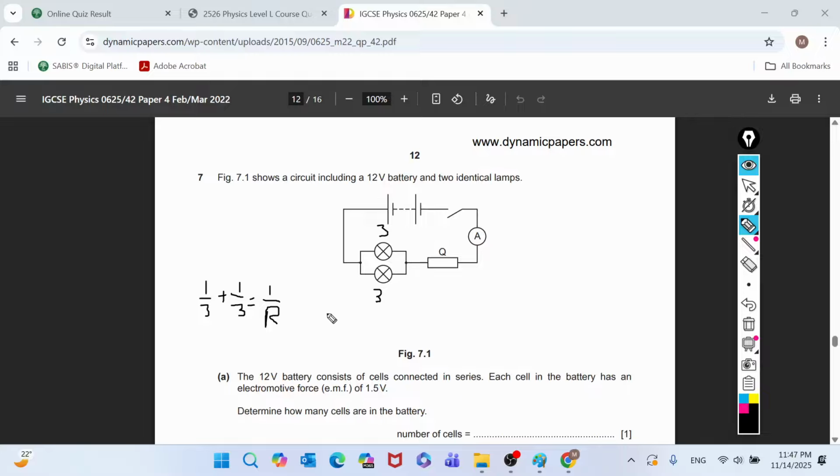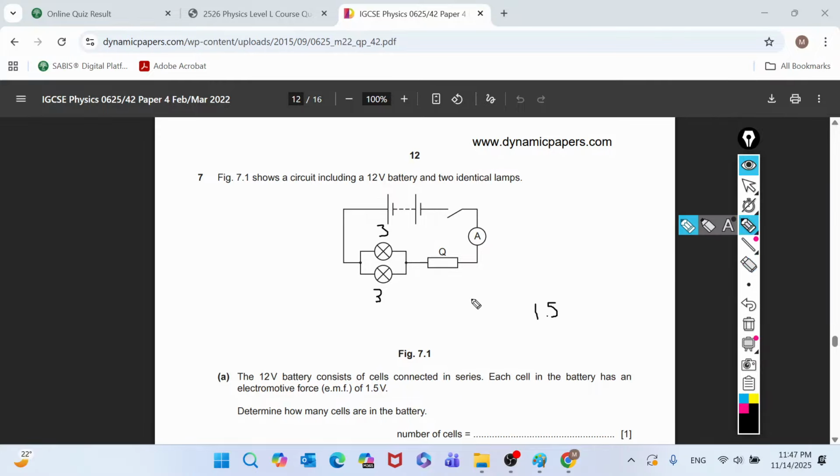So 2 over 3 equals 1 over R. Flip them both, so 3 over 2 equals R. Okay, so R is basically 1.5. Oh, okay, alright. So we know that the resistance across both resistors is 1.5.